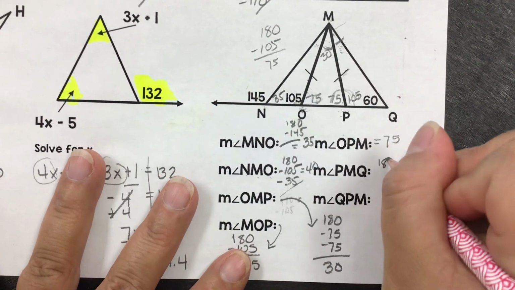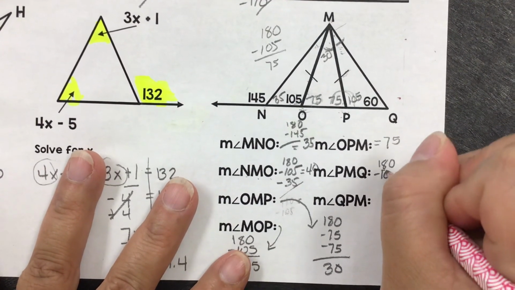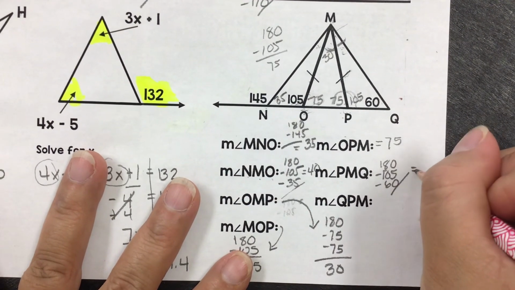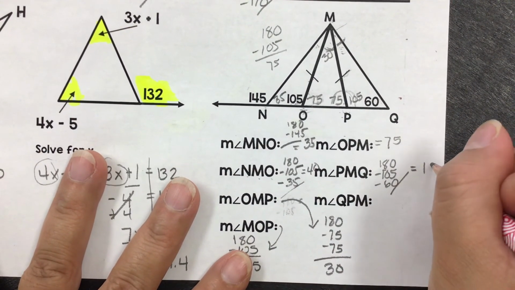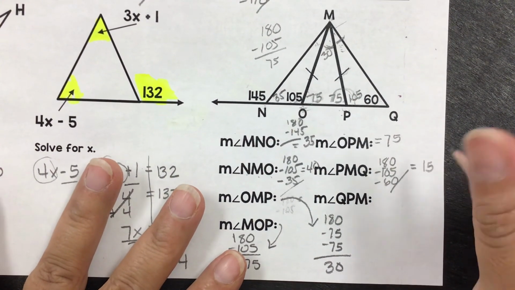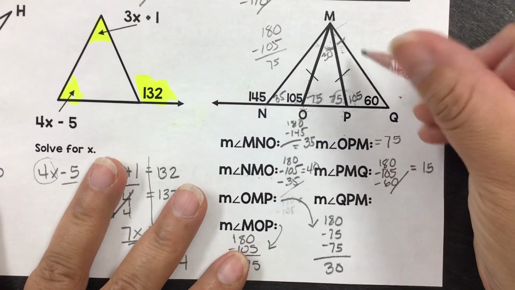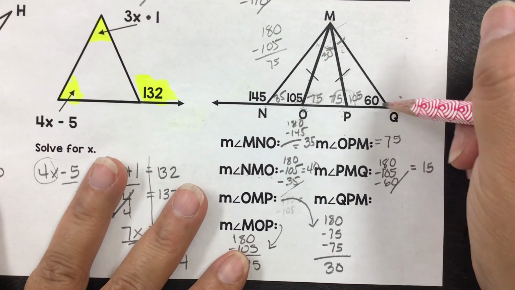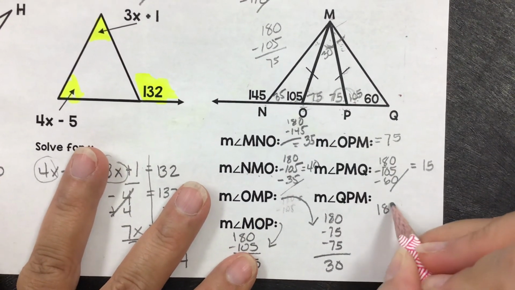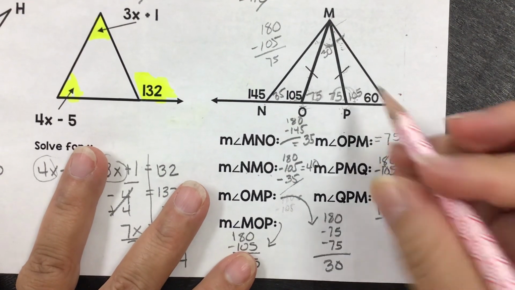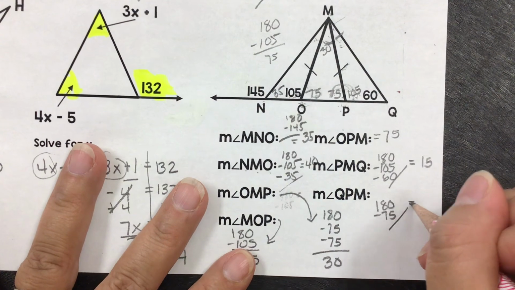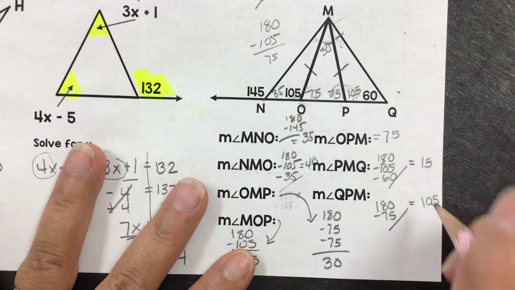So 180 minus 105 minus 60 is equal to 15. And then QPM was 180 minus 75 because I wanted a linear pair, and that's how I got that this equals 105.